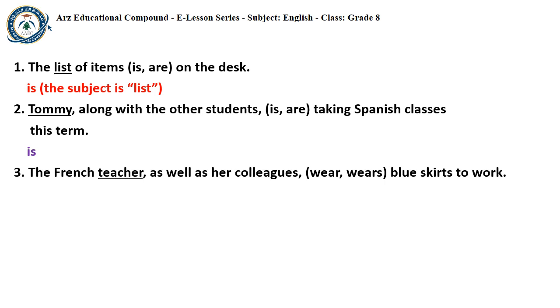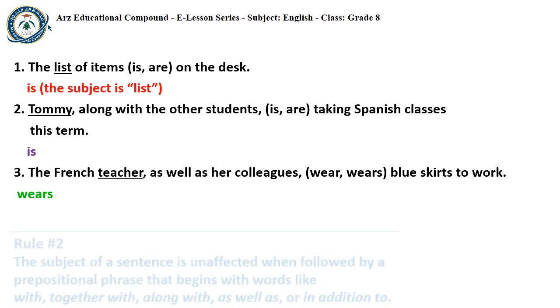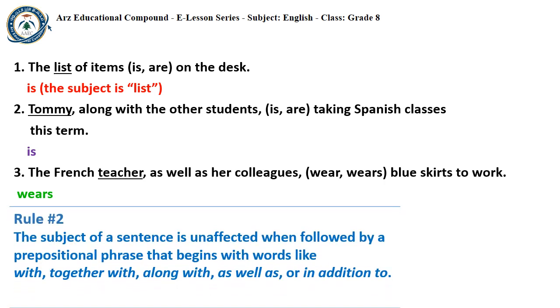It's a singular subject, so the verb should be singular: wears. So what is rule number 2 of subject-verb agreement? Rule number 2 says that the subject of a sentence is not affected when followed by a prepositional phrase that begins with together with, along with, as well as, or in addition to.